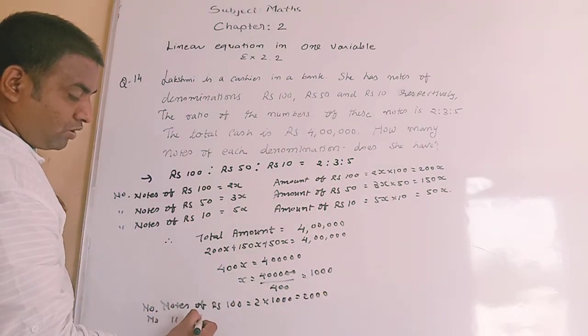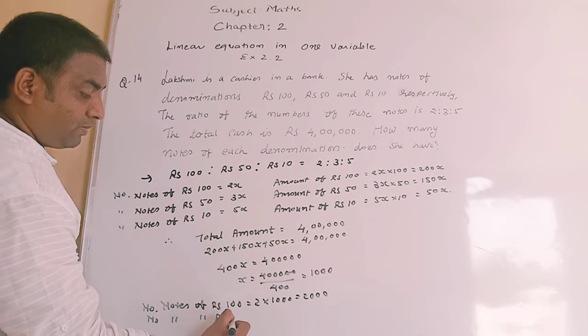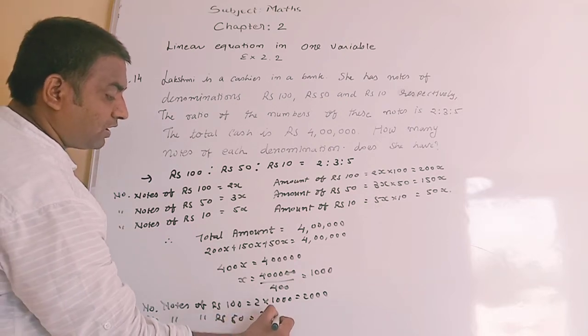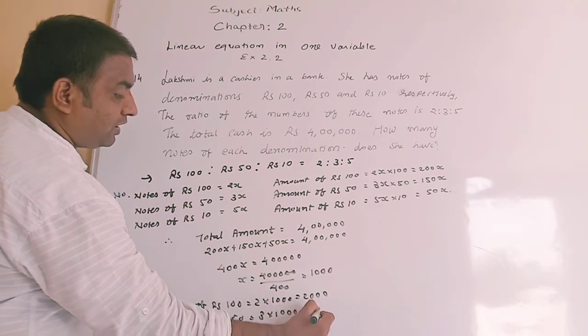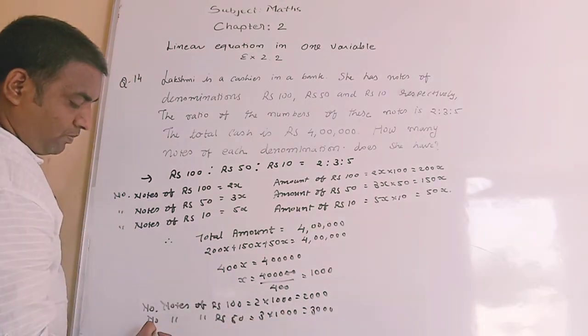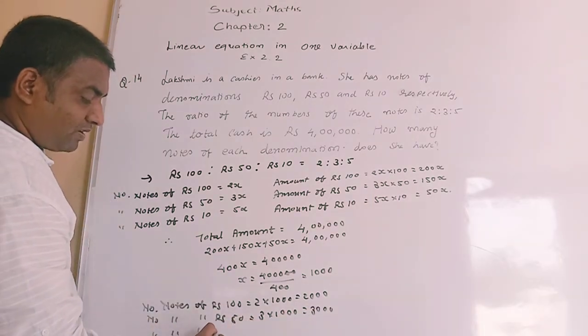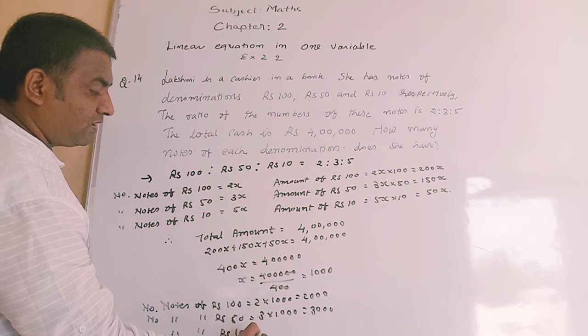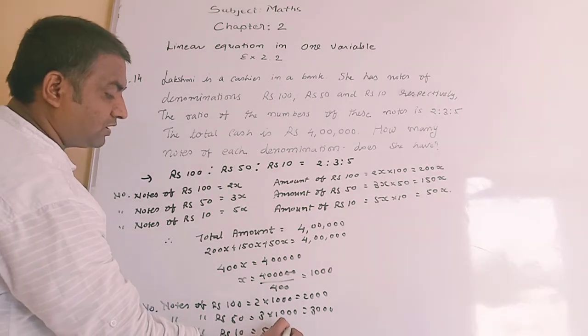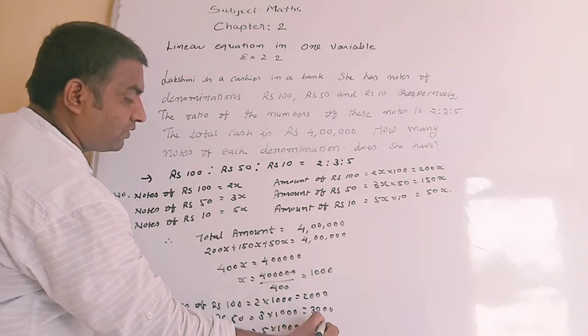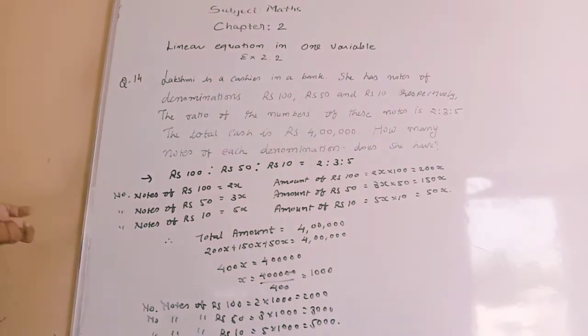Number of notes of rupees 50 will be 3 into 1000, 3000, and number of notes of rupees 10 equals 5 into 1000, which will be 5000.